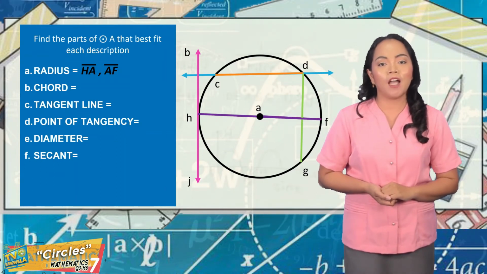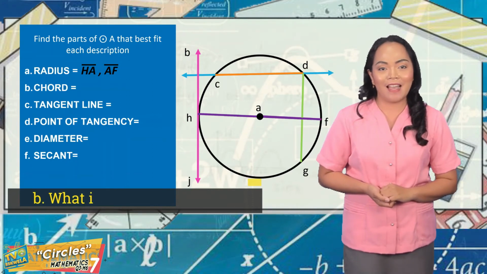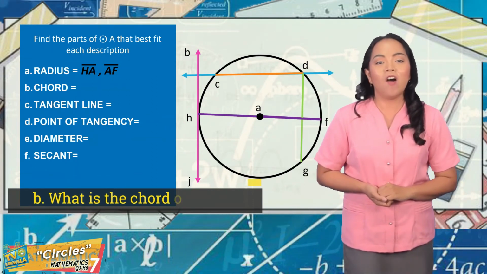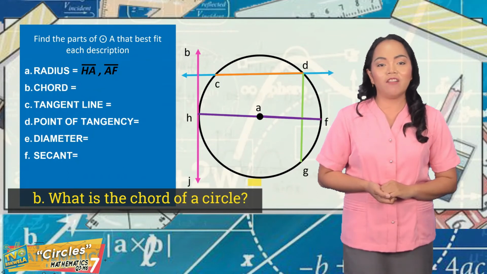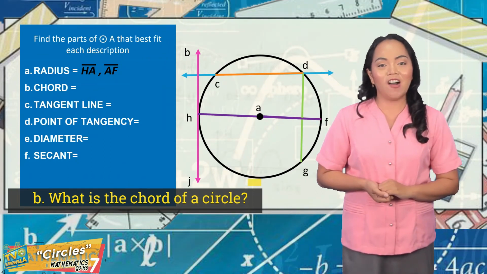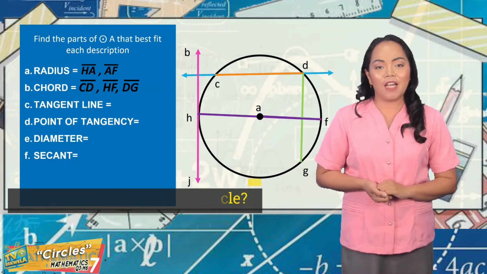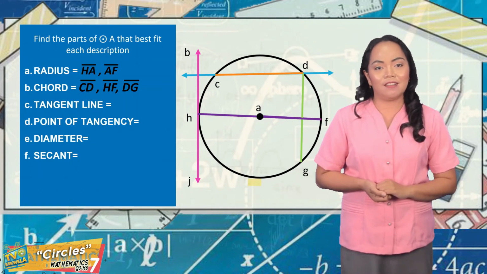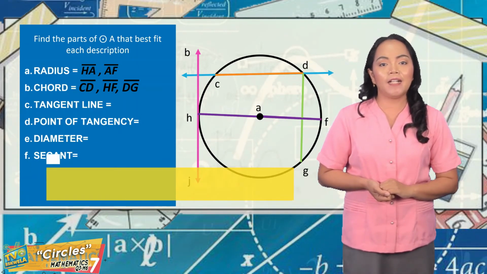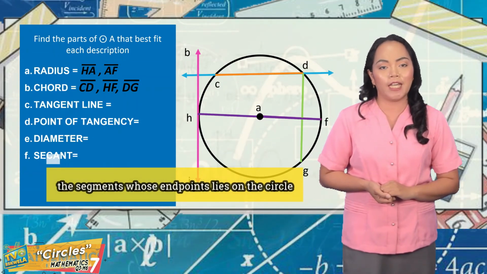Letter B. What is the chord of a circle? Correct! Line segments CD, HF, and DG, since these are the segments whose endpoints lie on the circle.